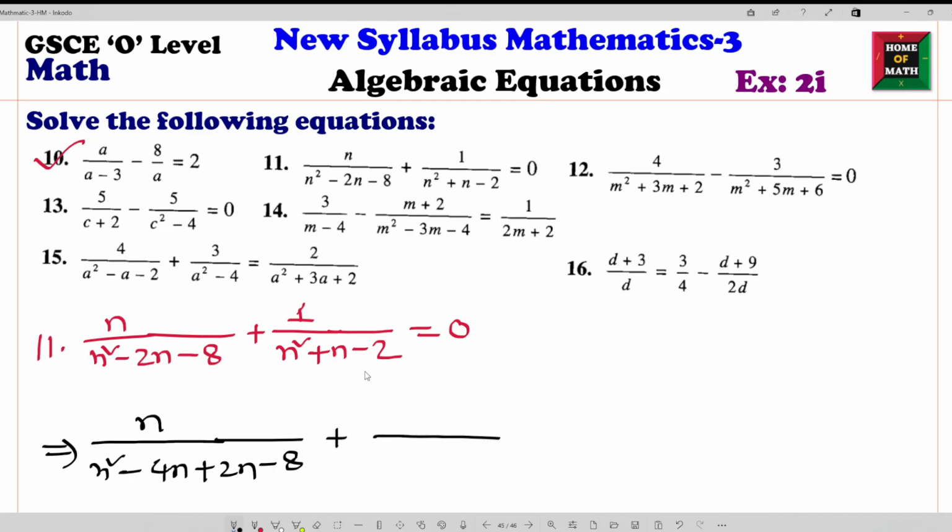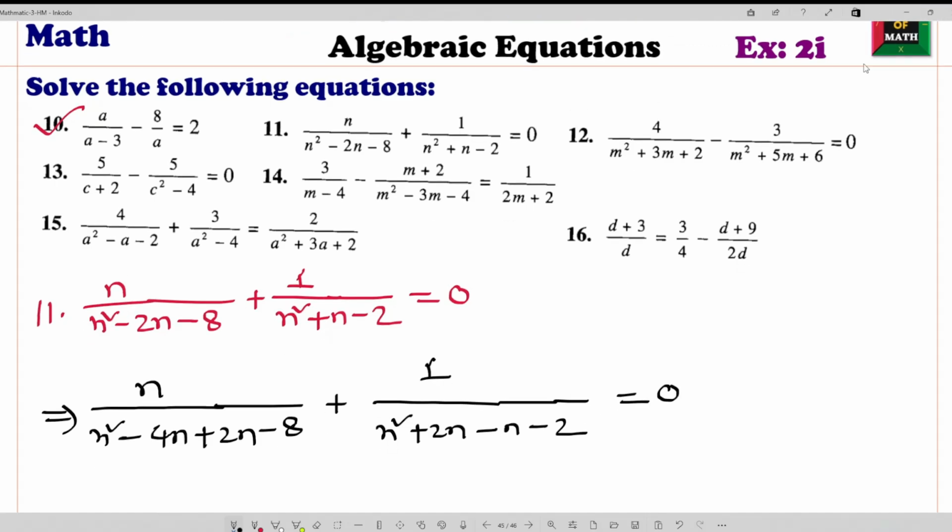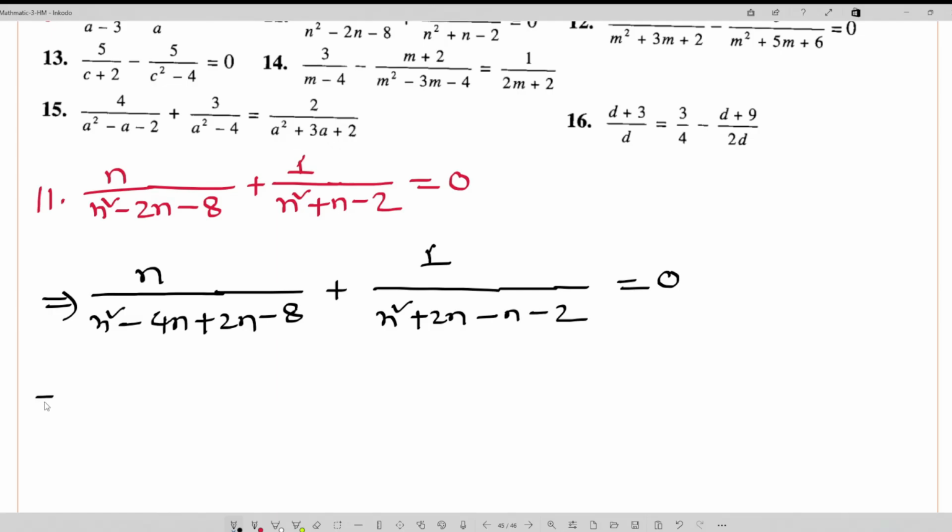Similarly, this fraction in the denominator we will also factorize. So n square plus 2n minus n minus 2. 2 times 1 means 2, 2 minus 1 means 1, right? So here equal 0. So n common, n minus 4, plus 2 common, n minus 4, right?